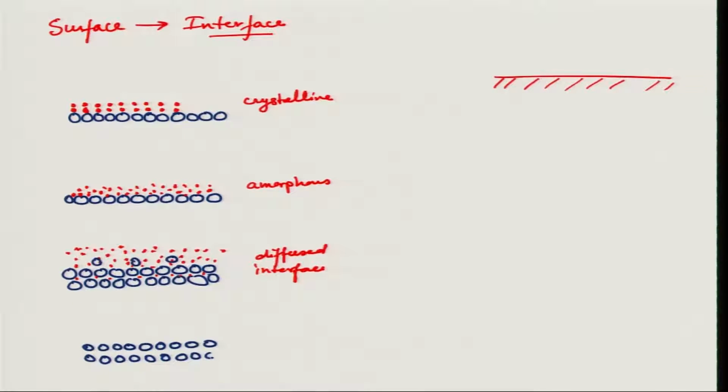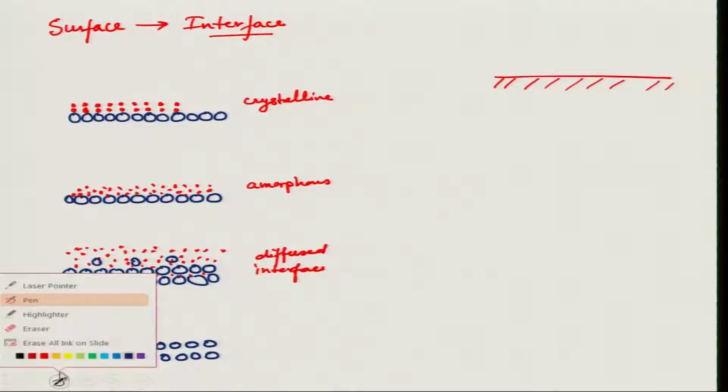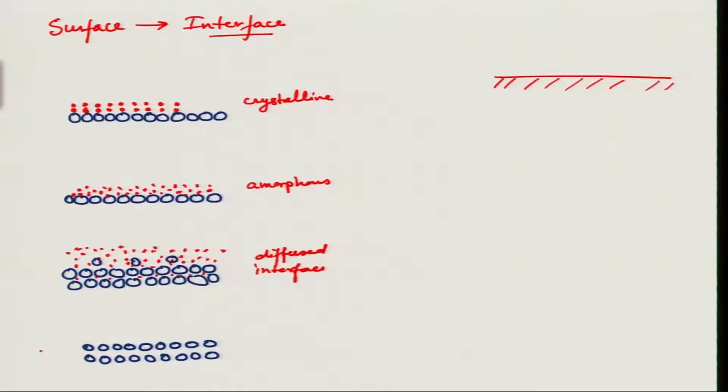So, what could happen? This material may react and form a different compound. These gases which may form a monolayer may then diffuse into this and form a new compound, such as silicon oxide.